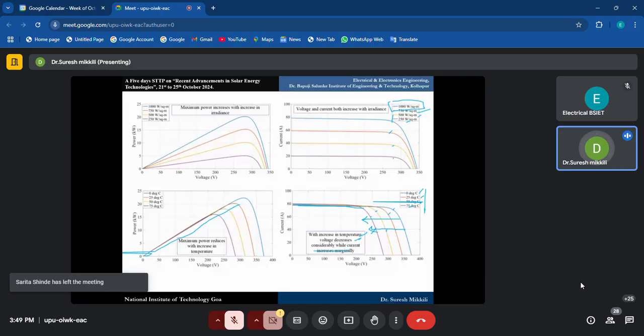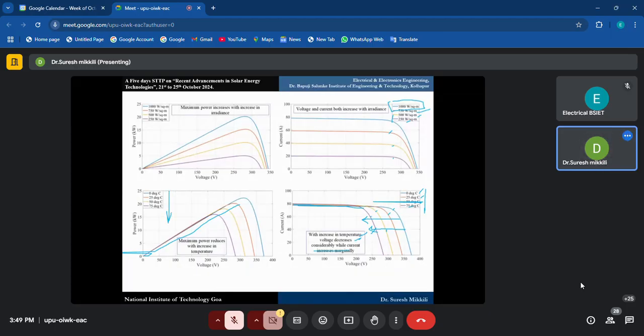But I want to extract the maximum power. If I want to extract the maximum power, even though your temperature is 0 degrees or 75 degrees, it is not a matter at all. How much temperature is there in the climate is not a matter, but how much irradiance is falling on the PV panels is very, very important.